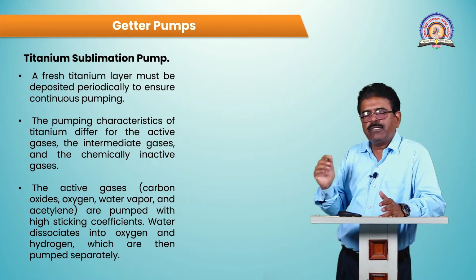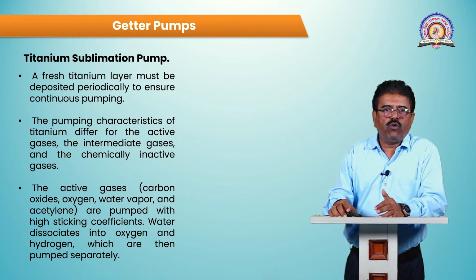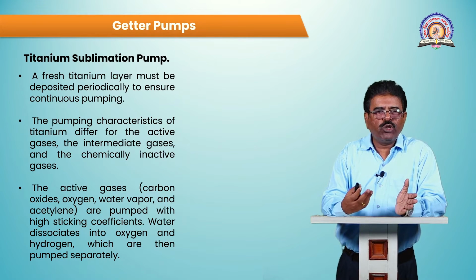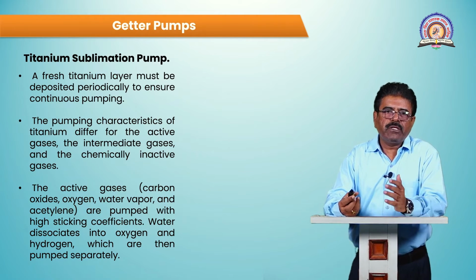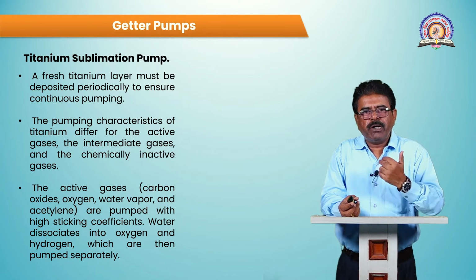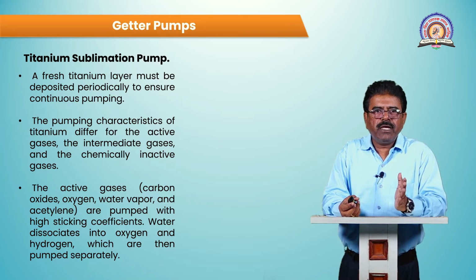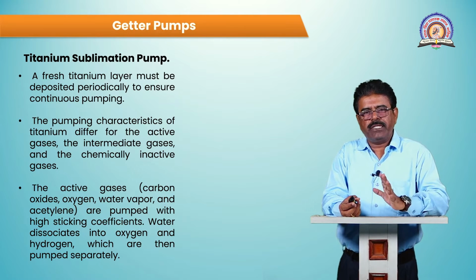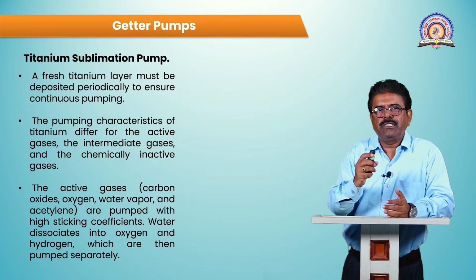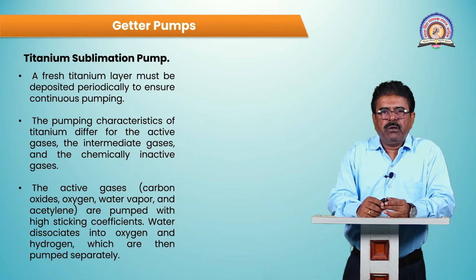So first group, that is the active gas species. For example, here oxygen, then water vapor, carbon dioxide, these are the gas species. One more, that is acetylene, is also there. So these are some active gas species. They are pumped with a very high sticking coefficient, so they are efficiently pumped by this capture pump.